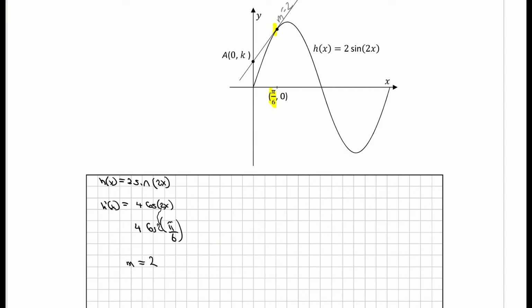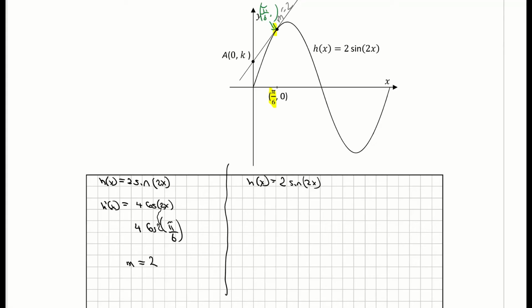So let's find the point now on that line. What is this coordinate? We know that it's pi over 6, something. It's not pi over 6, 0; 0 is the point on the x-axis. We need to find that y-coordinate. So all I'm going to do is sub pi over 6 back into my original h of x. So h of x is equal to 2 sine 2x. I'm now subbing pi over 6 back into that function.